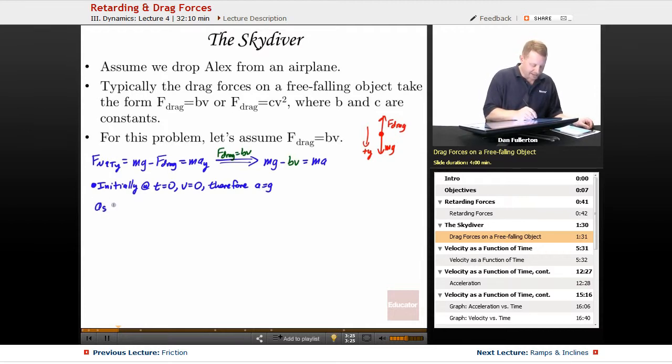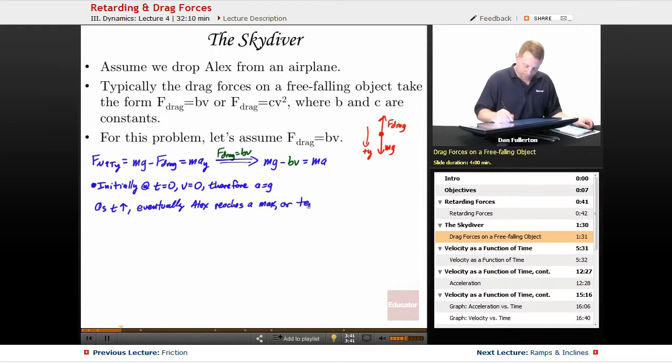Now, as t increases, as we head toward infinity, eventually, Alex reaches a maximum or terminal velocity. Terminal velocity.